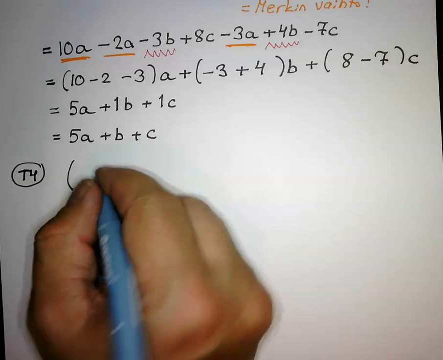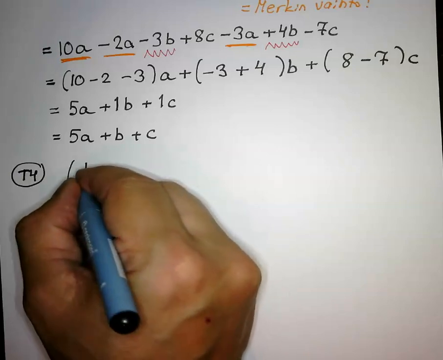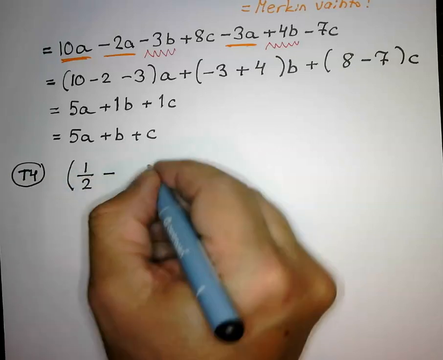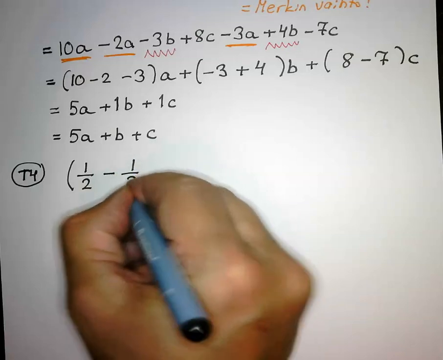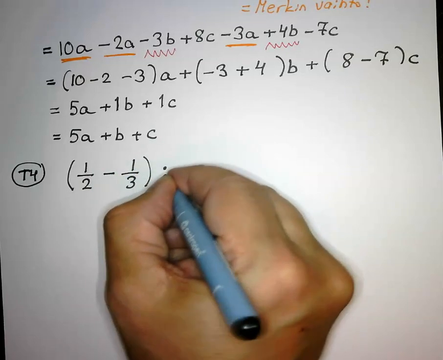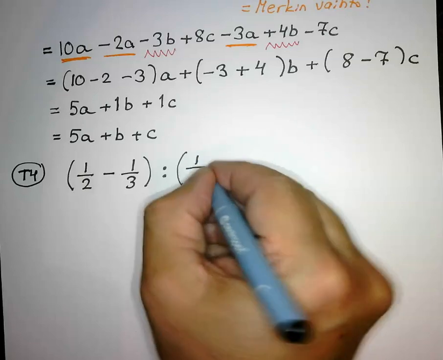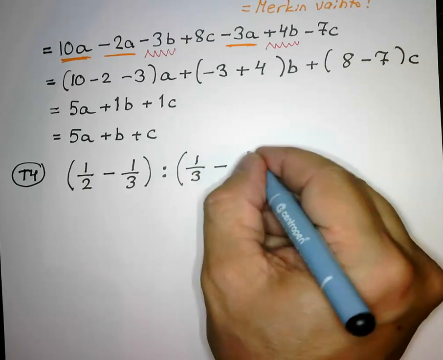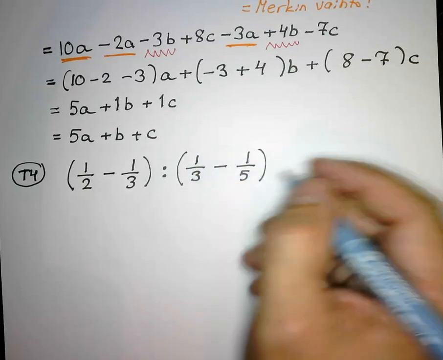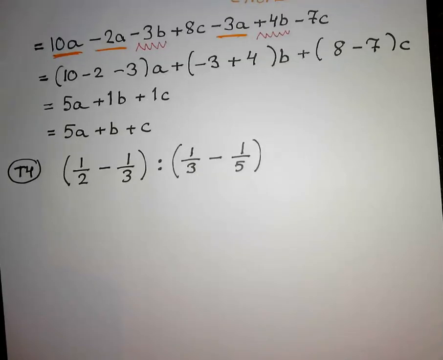We have here 1/2 minus 1/3 divided by 1/3 minus 1/5. So this is the beginning stage.